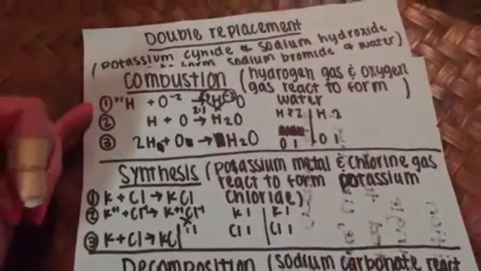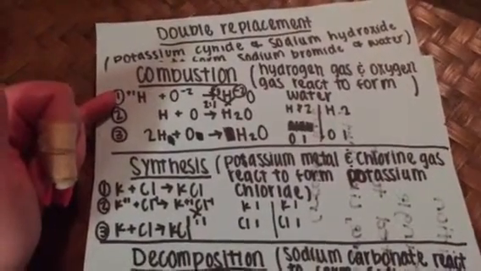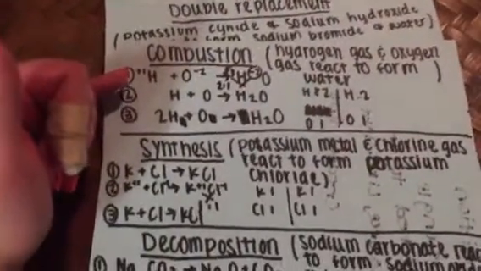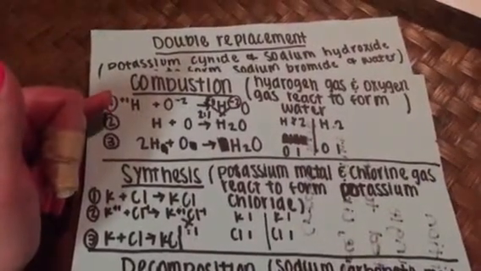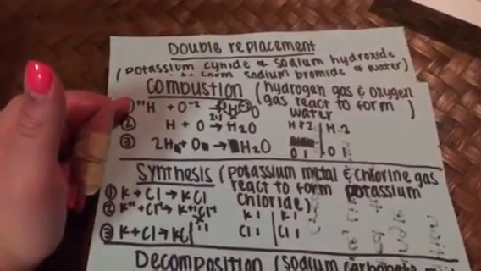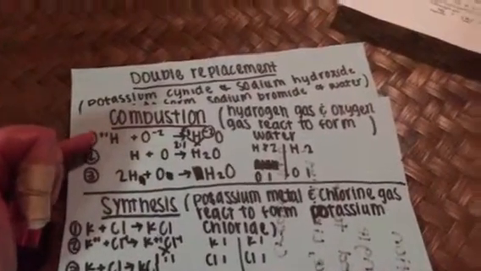And then the examples. First, I look at the periodic table and I find the symbols and charges of hydrogen gas and oxygen and water. Hydrogen is H and oxygen is O, and oxygen has a -2 charge and hydrogen has a +1 charge.